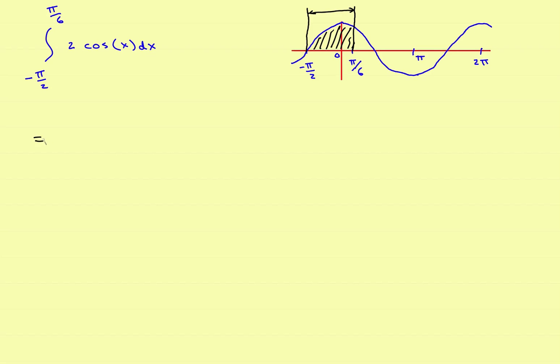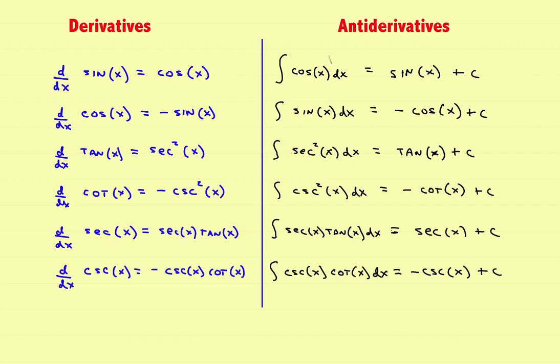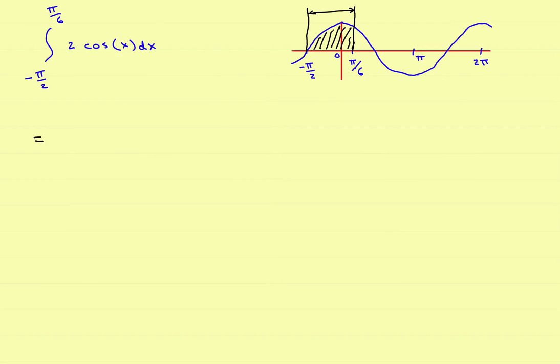First of all, I'll go back to our definitions again, just to remind you, you want the antiderivative of the cosine. The antiderivative of the cosine is the sine of x. So using that, we will have the constant 2 and the sine of x, evaluated from negative pi divided by 2 to pi divided by 6.